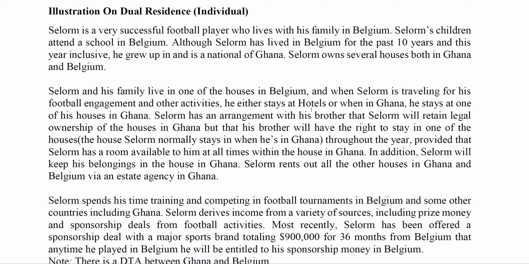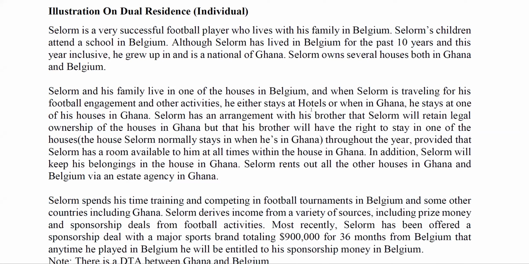Selom has an arrangement with his brother that Selom will retain legal ownership of the houses in Ghana, but that his brother will have the right to stay in one of the houses, which is the house Selom normally stays in when he's in Ghana, throughout the year, provided that Selom has a room available to him at all times.